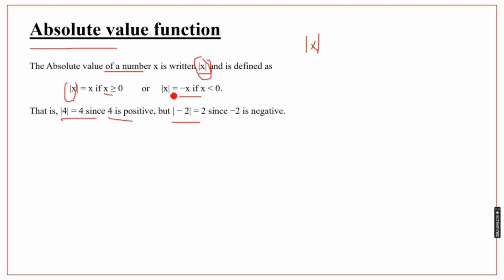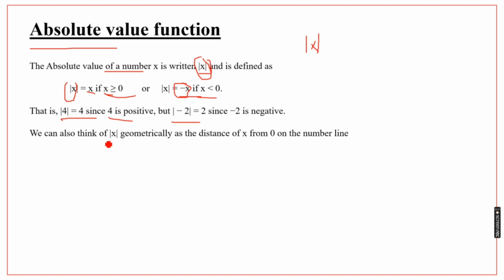Every number in the absolute value, whether negative or positive, when it moves out of the absolute value, will be positive. If x is greater than or equal to 0, it is x, but if x is less than 0, we multiply it by a negative to get the positive.